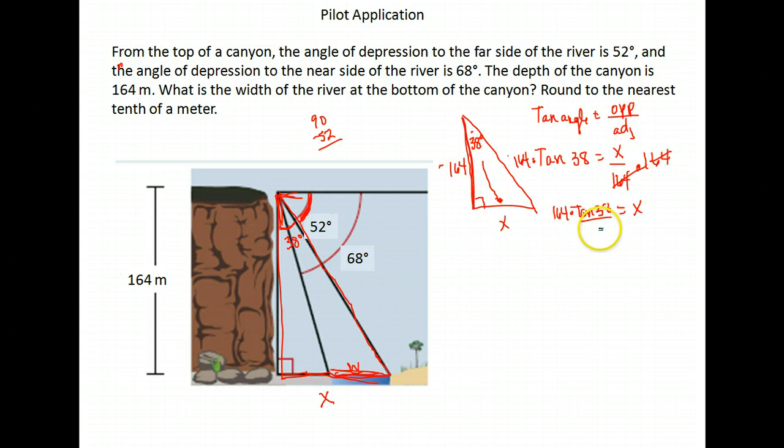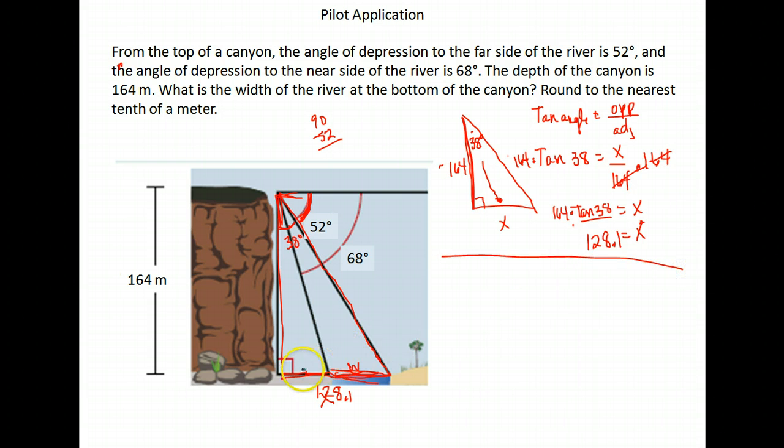Get equal, you should get 0.781. Then leave that number in your calculator and just put times 164. It wants the nearest tenth on these measurements. So when I do that, I get 128.1, and I'm only going one decimal because it only wants one decimal place. All right, so what do I know? I know that this distance from the canyon to the far side of the river is 128.1.